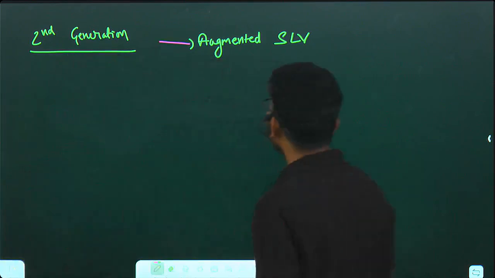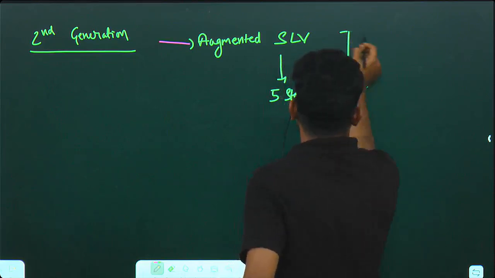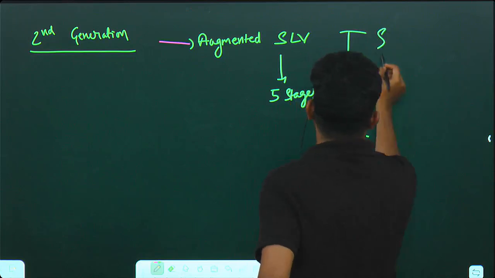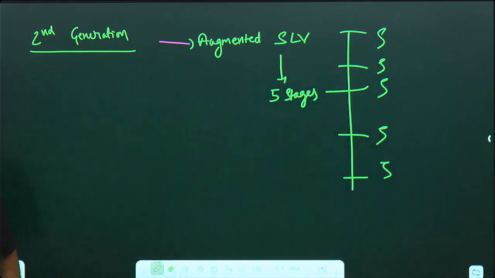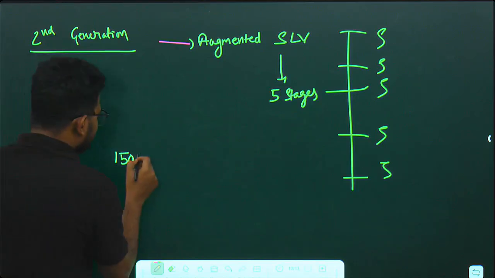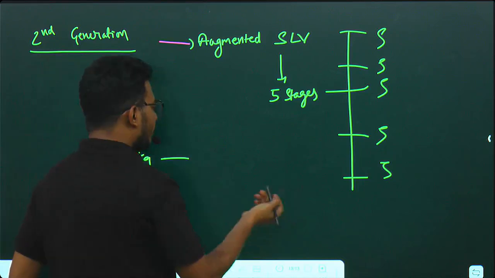Okay, so here we have 5 stages, and all the 5 stages are solid. Here the capacity is 150 kgs, and it will also move to a distance of 450 or 500.